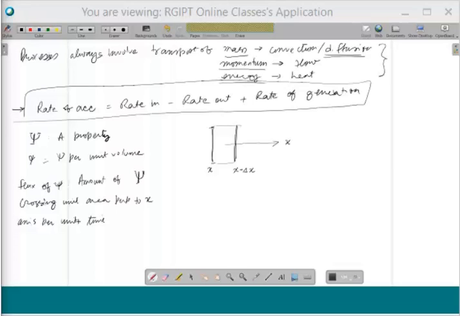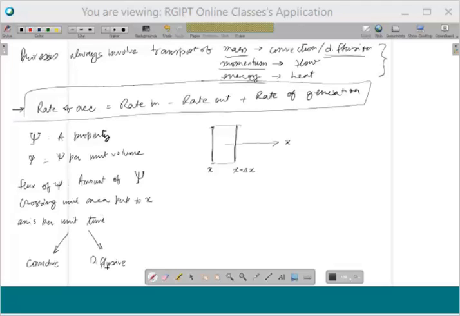Now this flux will invariably have two components. One is called convective, and the other would be diffusive. Where do these two components arise? Why do you need to consider these two separately?